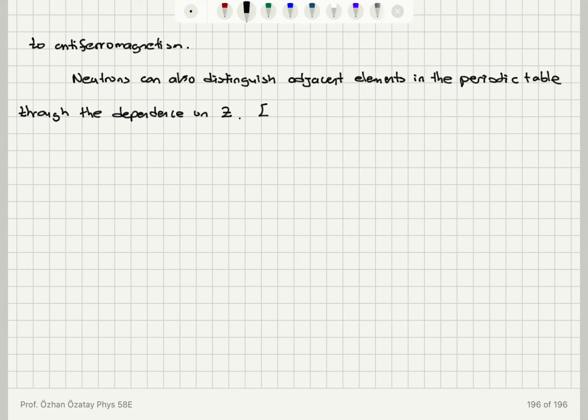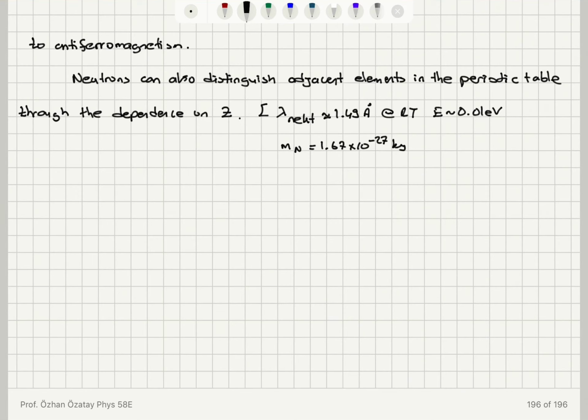Now, typical values for the wavelength of neutrons: you can obtain 1.49 angstroms at room temperature with an energy of 0.01 electron volts. The mass of a neutron is 1.67 times 10 to the minus 27 kilograms.